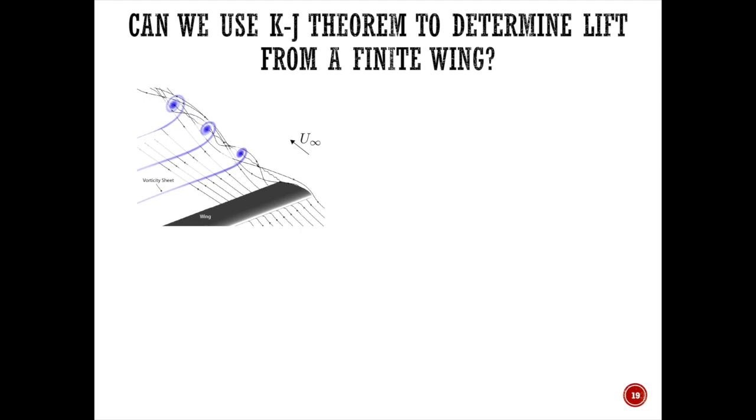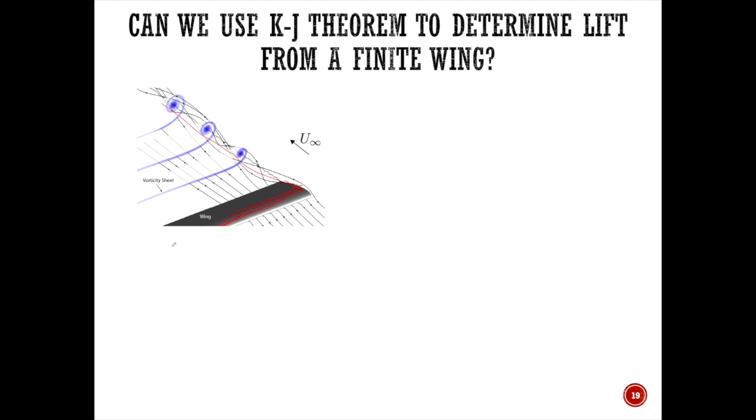Now, if you look at the flow around a finite wing, and you assume there is a bound vortex along this wing right here, Helmholtz said that a vortex line cannot end in a plane or in the ground. So what we can do is extend this bound vortex line to infinity. Okay, and you can do the same on the other side too.